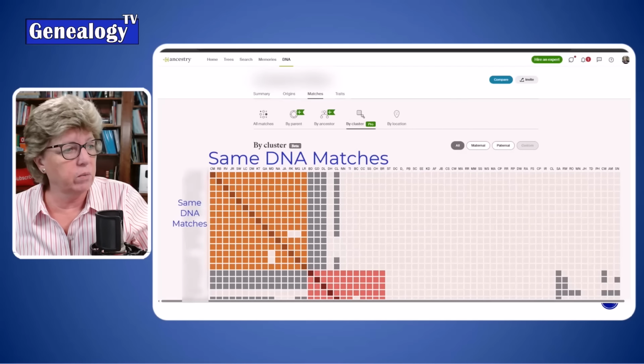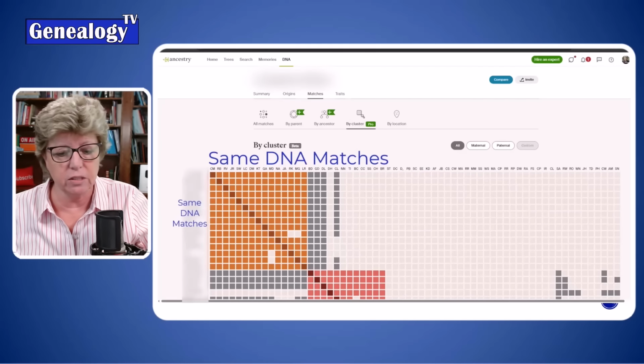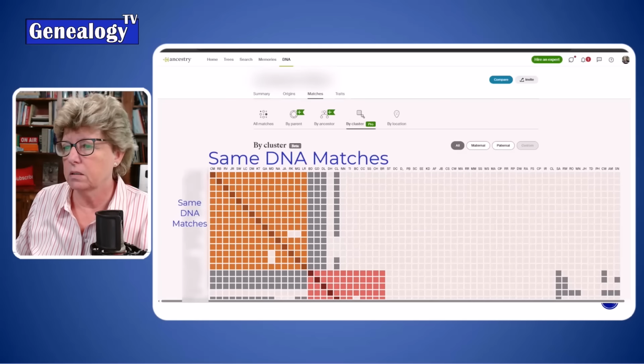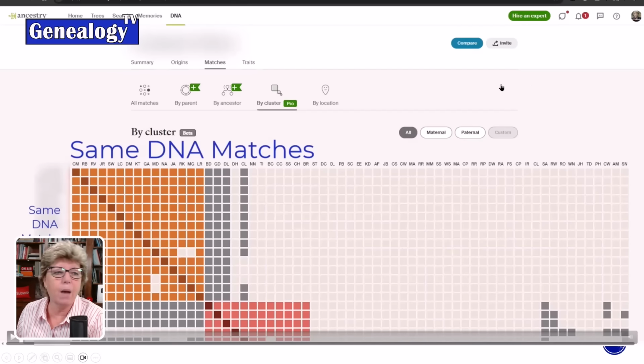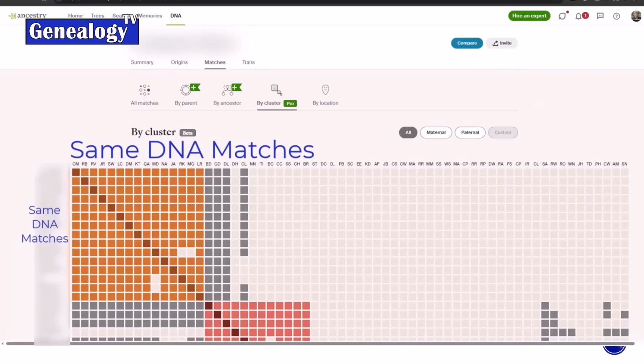Okay, so here we have some DNA matches. In fact, let me see if I can jump in here and get this a little bit smaller, or bigger for you, smaller for me. And so here what we have is the same DNA cousin matches across the top, as well as down the side. There we go.